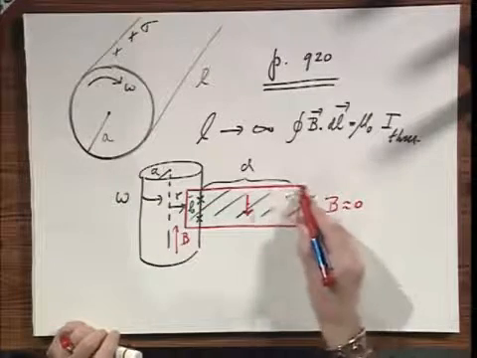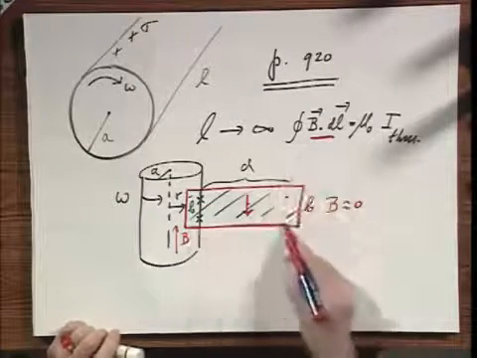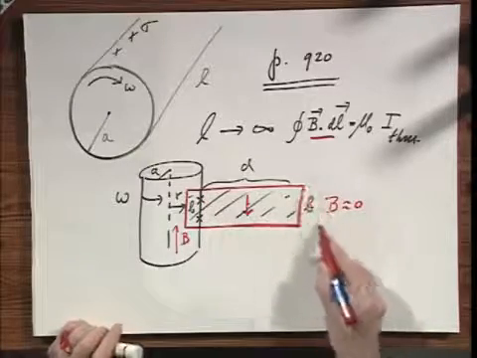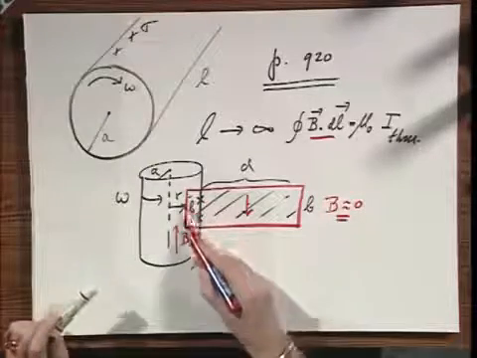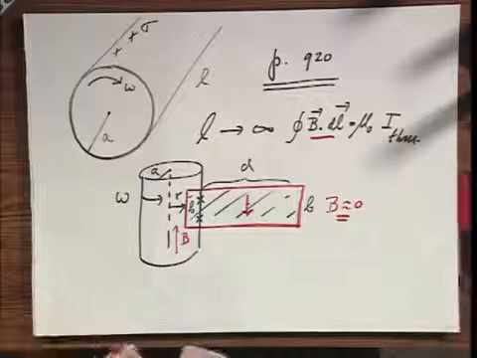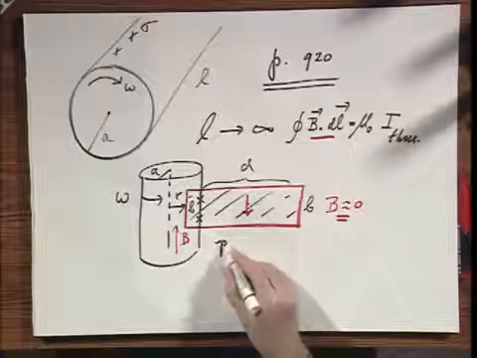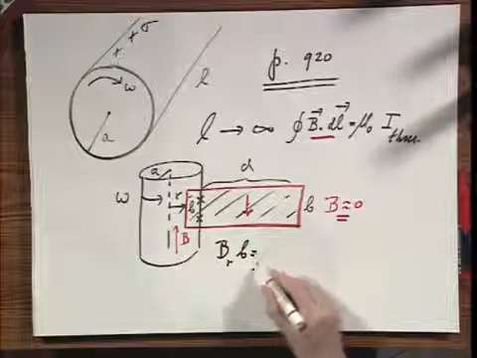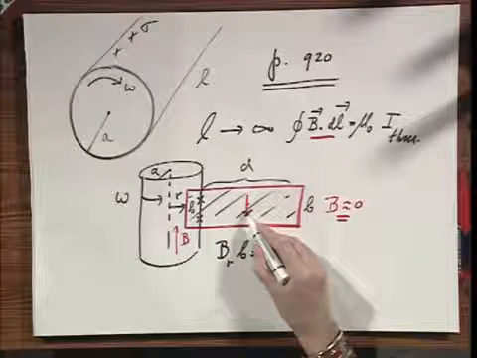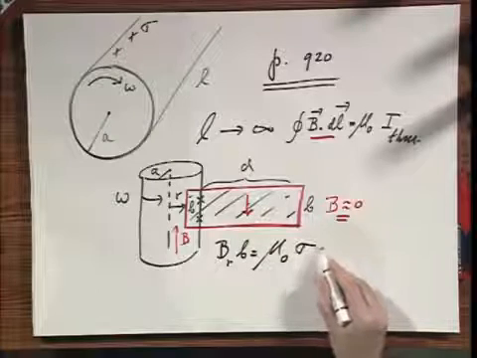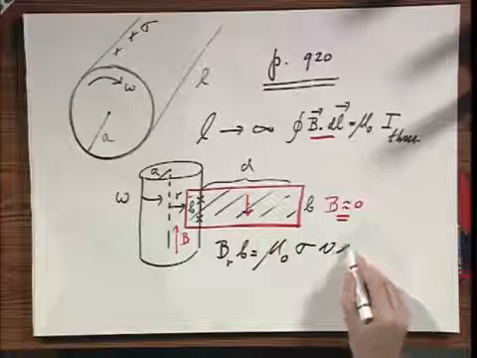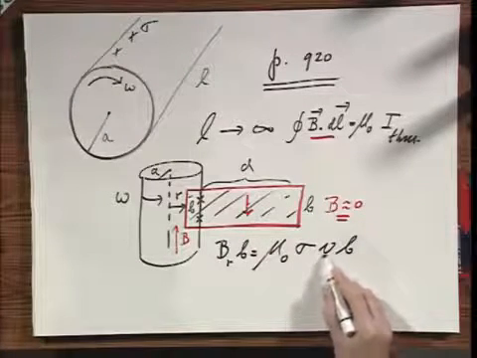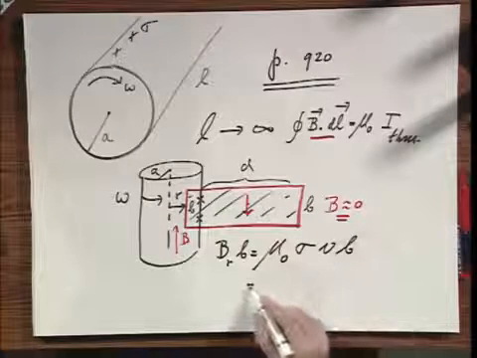So there's no contribution from this part, this part, and this part, because B is 0, so I only have a contribution here. So what I get is that B at that location r times b equals mu 0 times I through, and I through equals sigma times v times b. And if you want to write down for v omega r, that is fine.